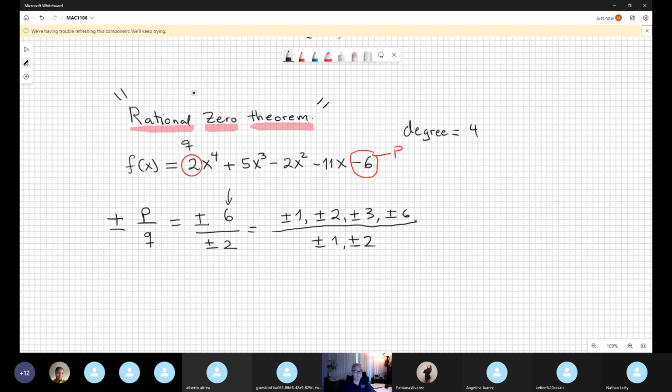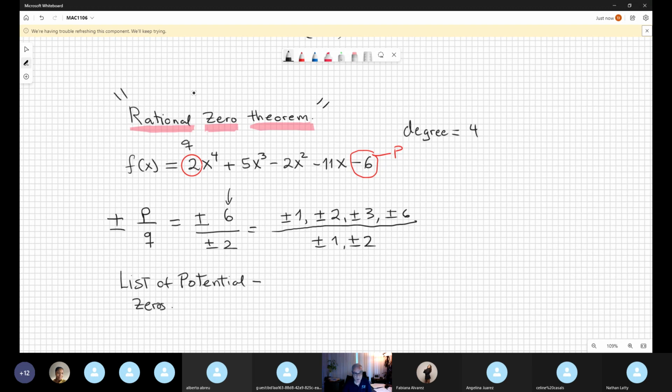Now I create the list of the potential. It's important to say this word potential because remember we are guessing potential zeros of this polynomial.